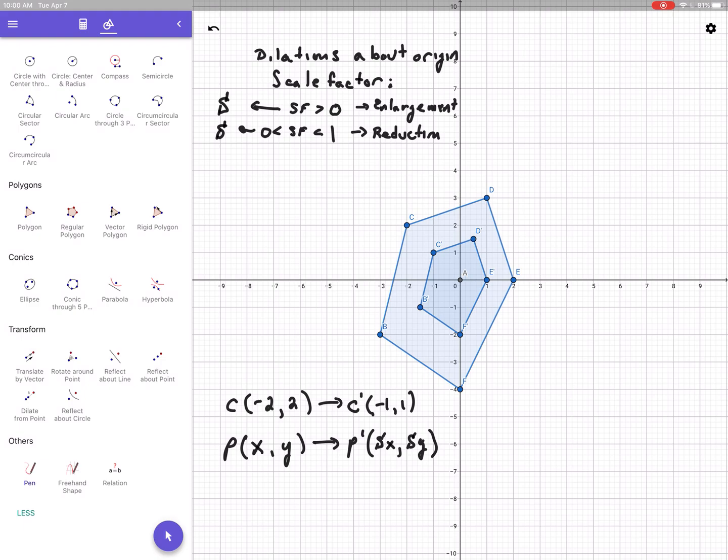You see it? If I take half of this number, I'm going to get that number. And if I take half of this number, I'm going to get that number.